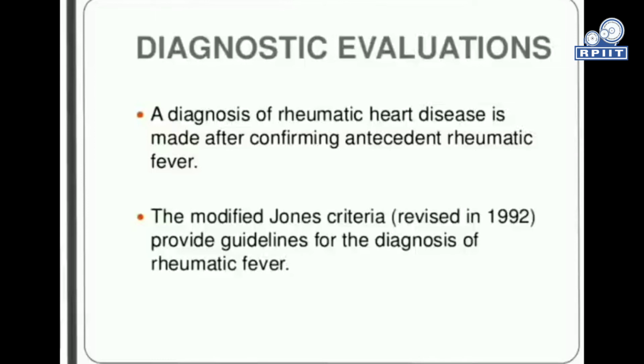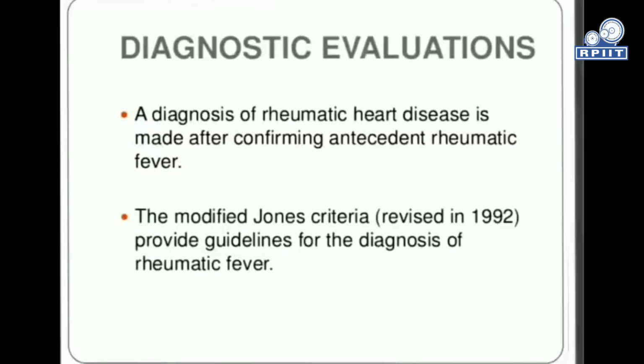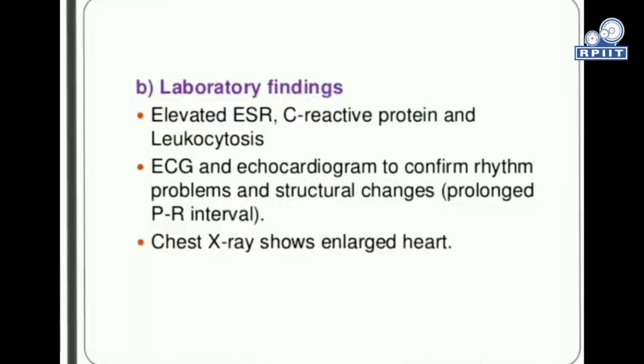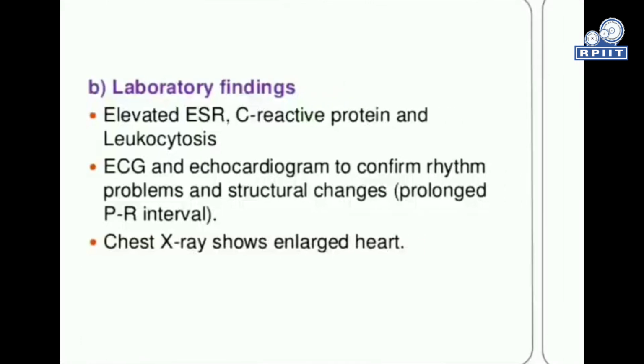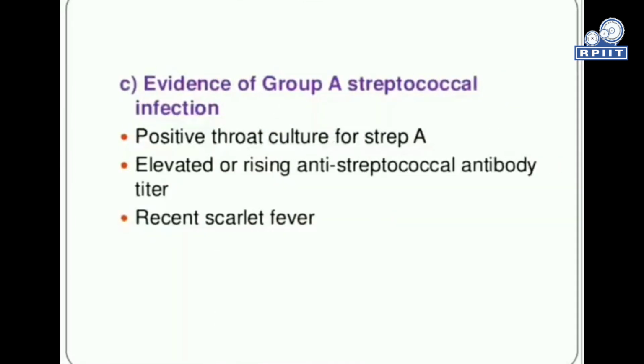Next, the modified Jones criteria provide guidelines for the diagnosis of rheumatic fever. Next, part B is laboratory findings: elevated ESR values, C-reactive protein, and leukocytosis. Next, ECG and echocardiogram to confirm rhythm problems and structural changes. Next, chest X-ray shows enlarged heart size.